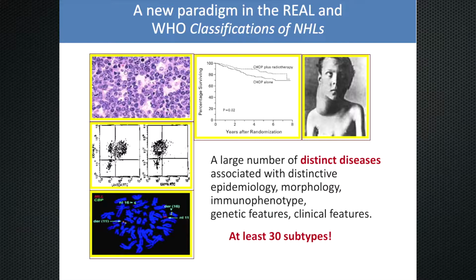Now, for 30 years, at the end of last century, we had a kind of holy war among different classifications of malignant lymphomas. It was very difficult to have just one classification because the classifications were based just on morphology.